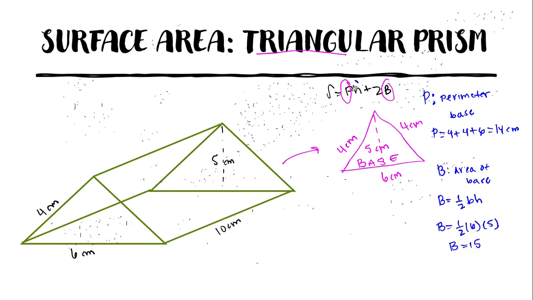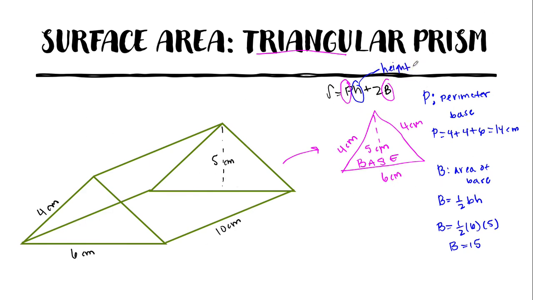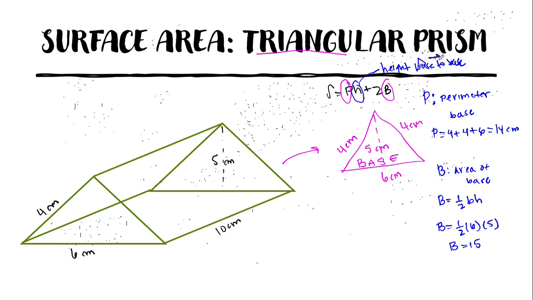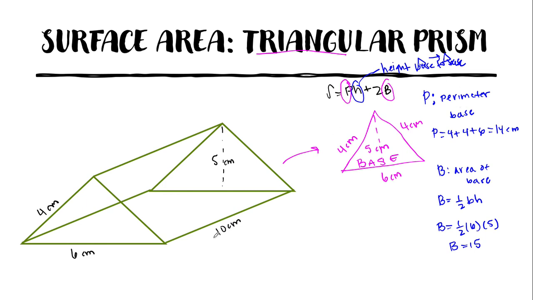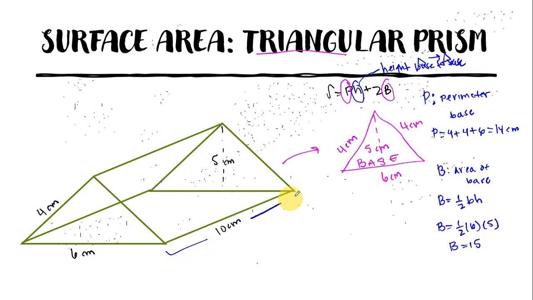And then we need this H right here. What does this H stand for? Height from base to base. Well, from triangle to triangle, how tall is my prism? From triangle to triangle, my height is 10.